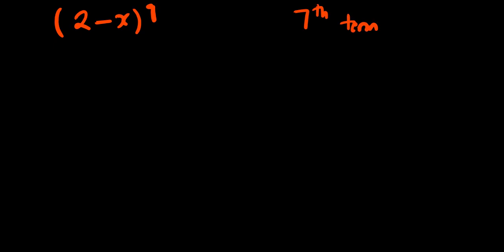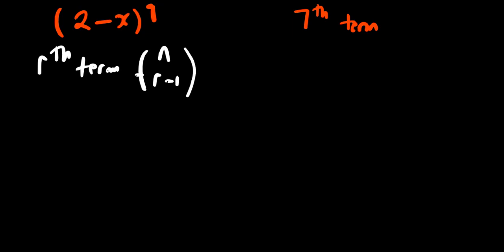So how are you going to do it? You're going to write your formula for the rth term. You know that it is n choose r minus 1, then a to the n minus r minus 1, then b to the r minus 1 as well.